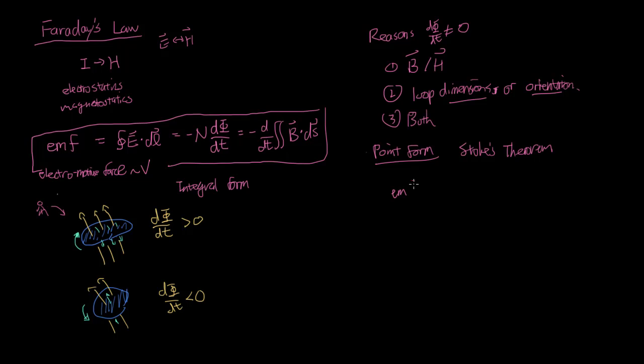So the EMF, restated, is going to be the closed loop integral of E dot dl, which is going to be negative the surface integral of B dot ds, d by dt. Now remember that Stokes' theorem says that we can change the line integral into a surface integral of the curl of that vector field.